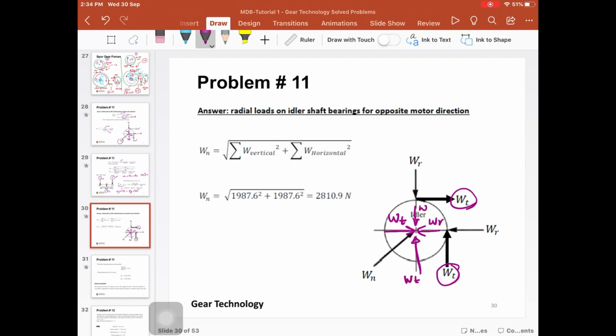So these two components generate torque, but they cancel because they are in opposite directions. So in this case, the vertical component is the difference between Wr and Wt, and the horizontal component is the difference between these two forces. That's why the normal force, or the resultant force, is less compared to the previous case.